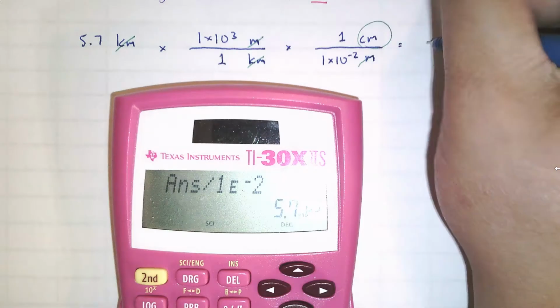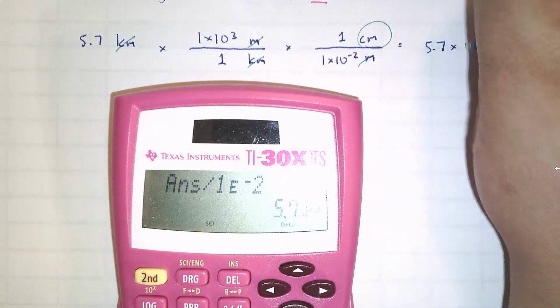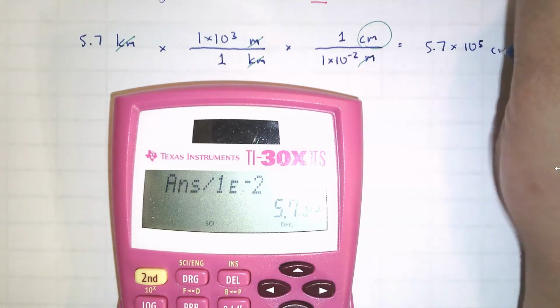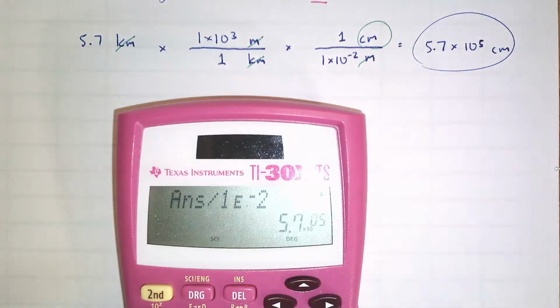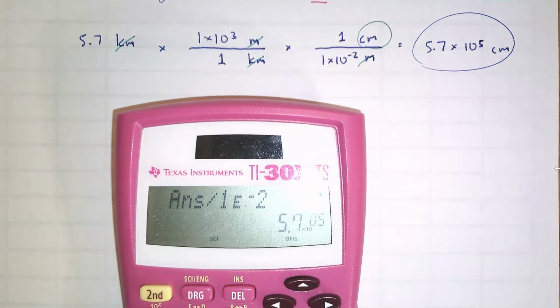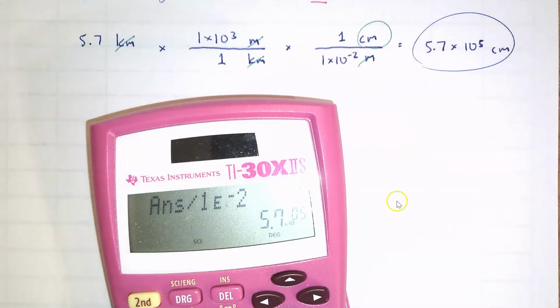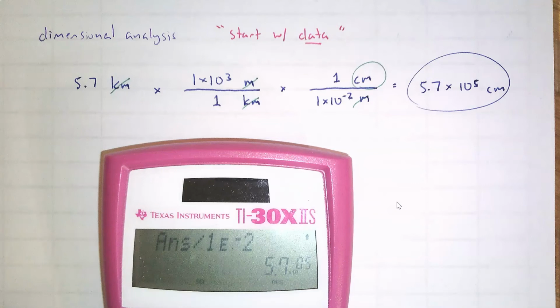It does give it in scientific notation, my calculator in this case. And then the units are centimeters. All right, there'll be a lot more practice with dimensional analysis and using these prefix multipliers in future videos, but that's a very simple introduction to dimensional analysis.